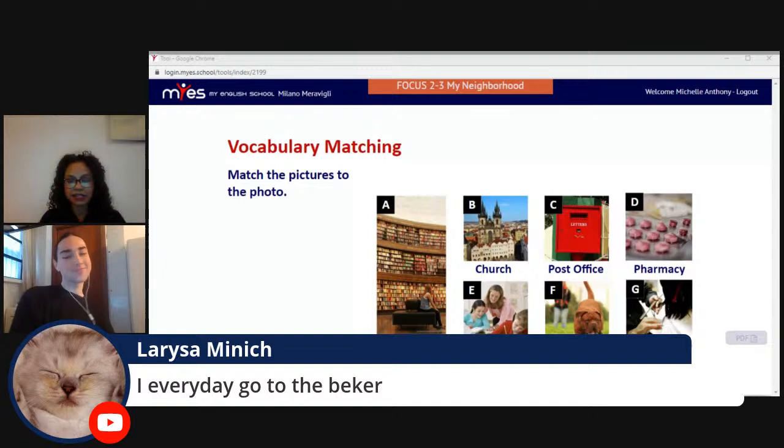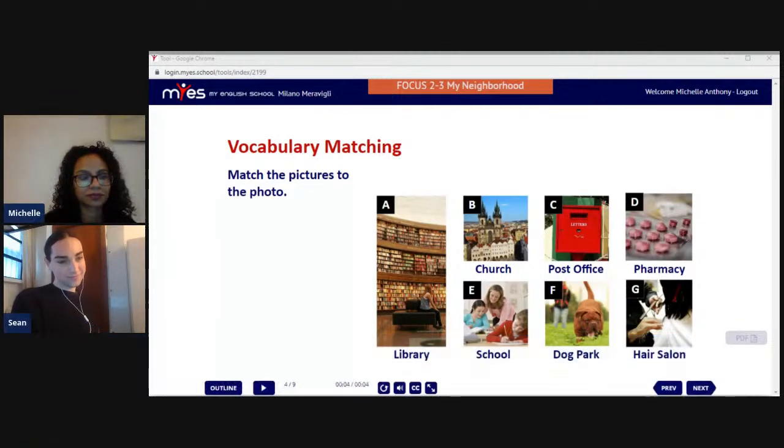And something small to remember. A baker is the person who makes the bread, and the bakery is the place where the bread is sold. Okay, so person and place, and they're both nouns.